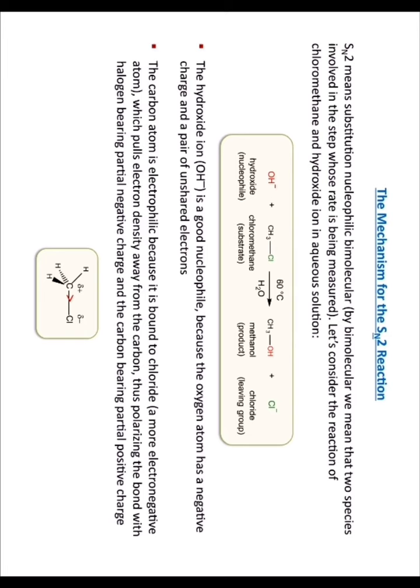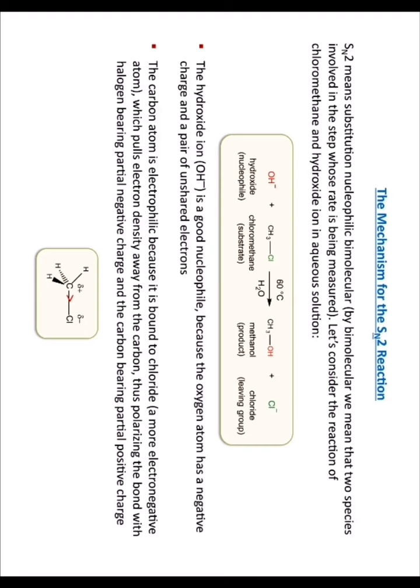Mechanism for the SN2 reaction: what do we mean by SN2? SN2 means substitution nucleophilic bimolecular. Bimolecular means two species. We mean that two species are involved in the step that controls the rate of the reaction.